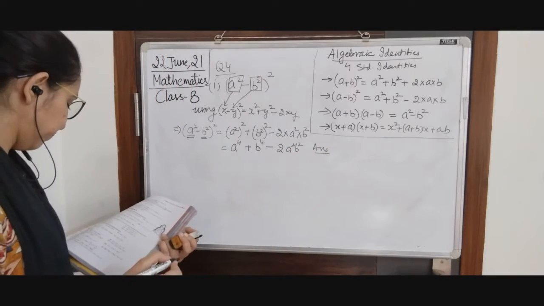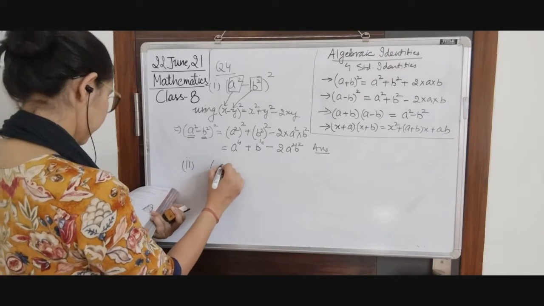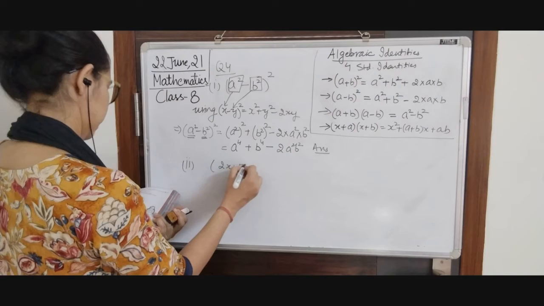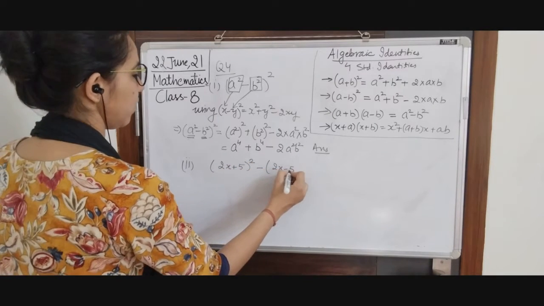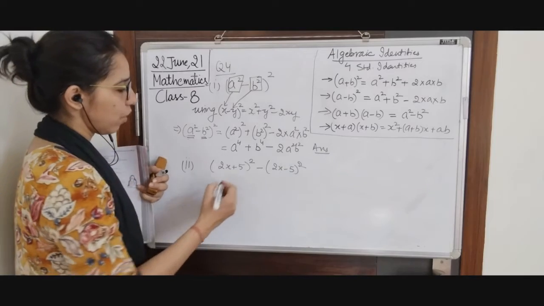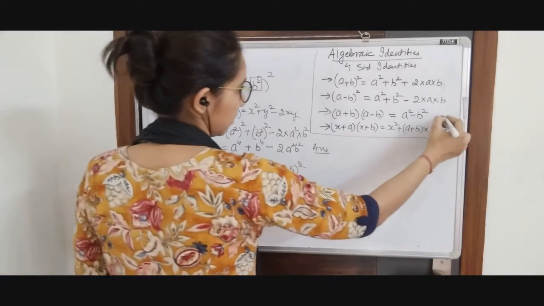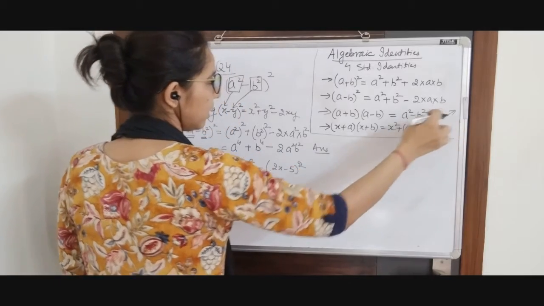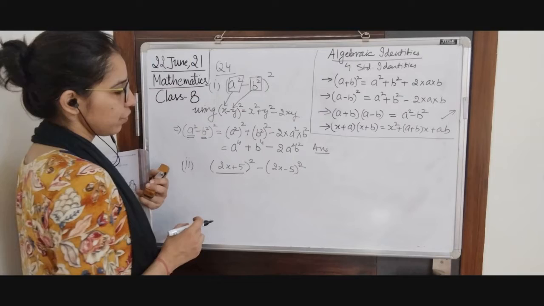Next we have something like this: (2x plus 5) whole square minus (2x minus 5) whole square. Okay, now can we use this identity? There are two methods of solving this expression.